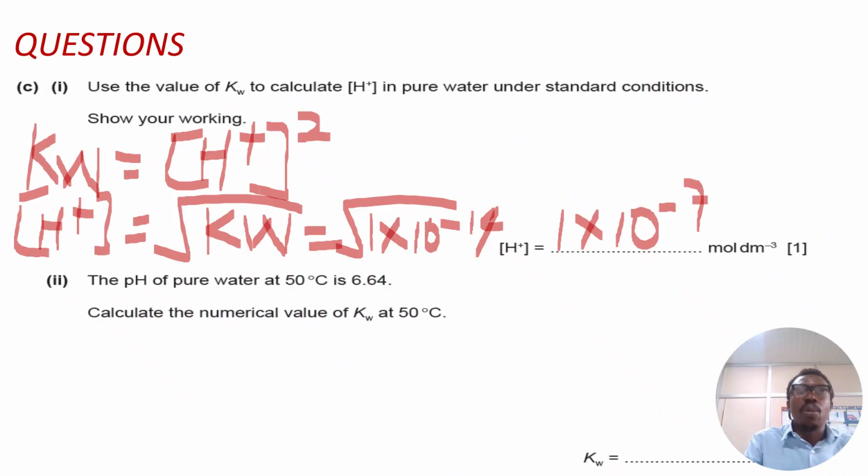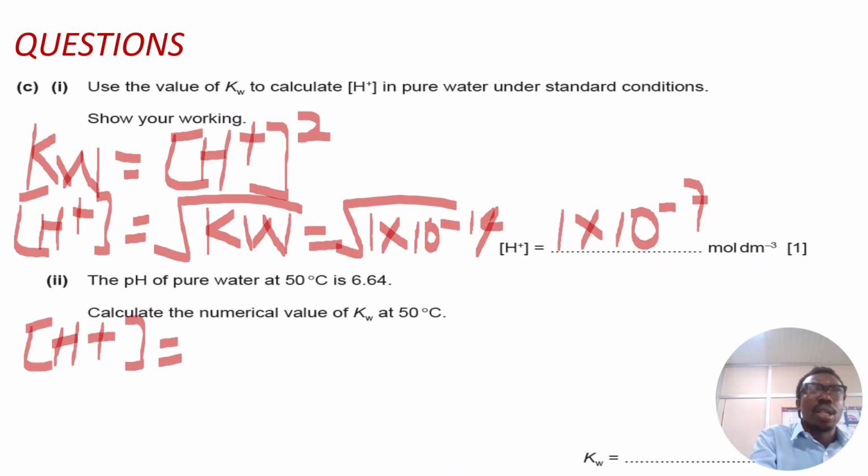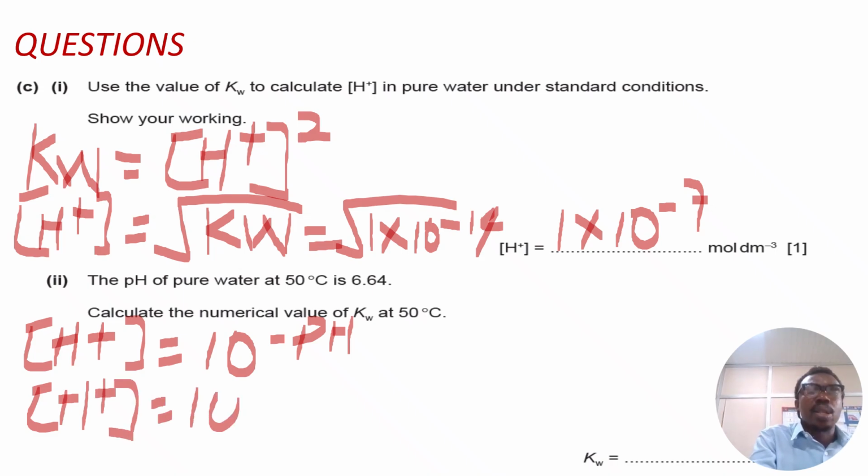The first thing we need to do is to calculate the concentration of hydrogen ion. We are given the pH. So the concentration of hydrogen ion will be equal to 10 raised to the power minus pH. So the concentration of hydrogen ion will be equal to 10 raised to the power minus 6.64.